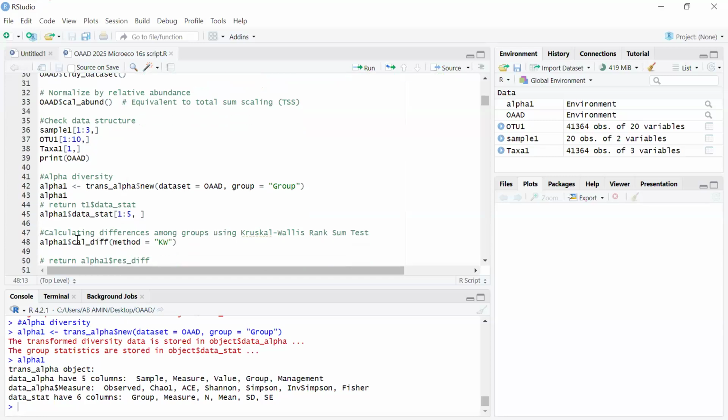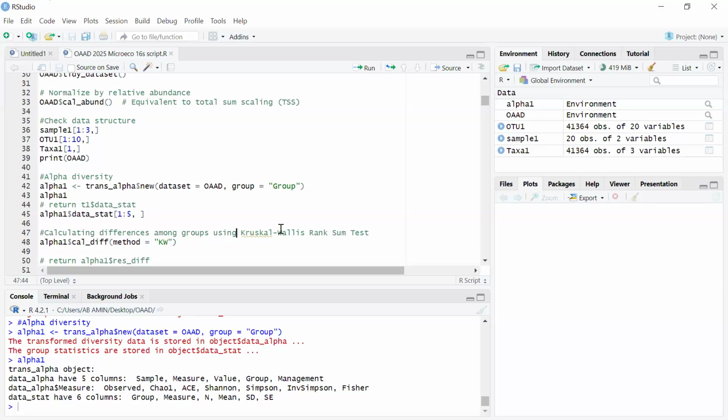So now we'll calculate differences among the alpha diversity, just like I told you, differential statistics. For us to know if there is a difference in richness or evenness between the samples, we need to use a statistical analysis to statistically tell.